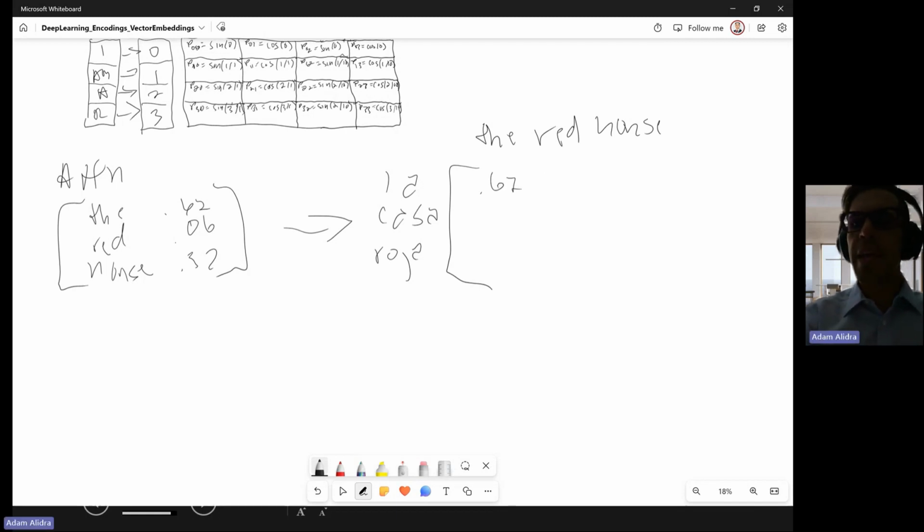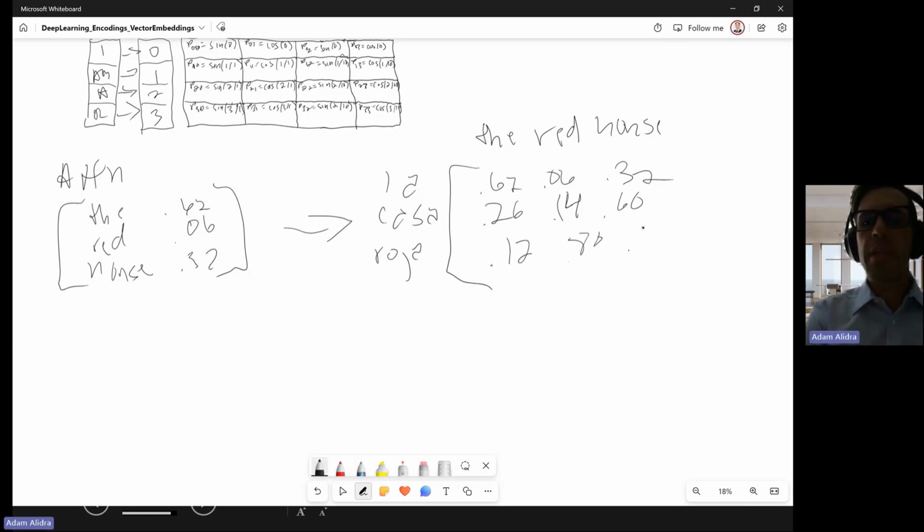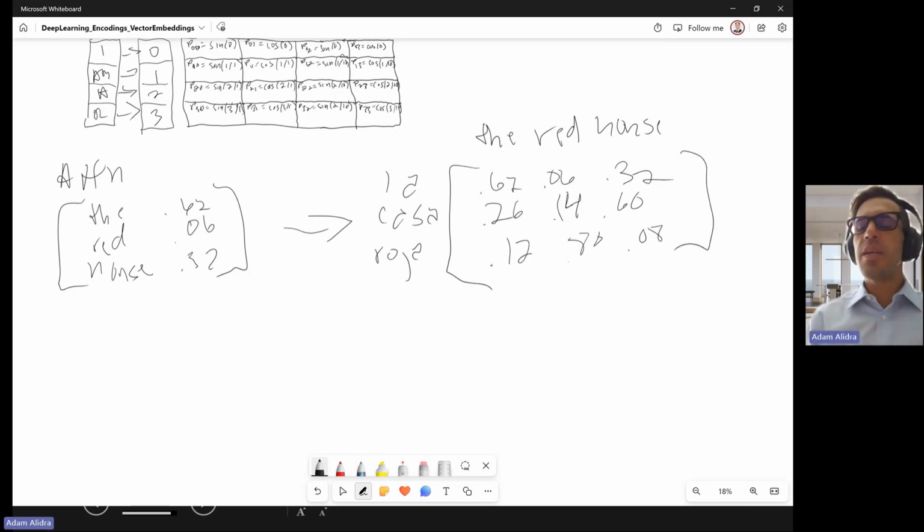So now we're going to have a matrix that essentially represents the correlation between these different values. 0.14, 0.60, 0.12, 0.80, and then 0.08.